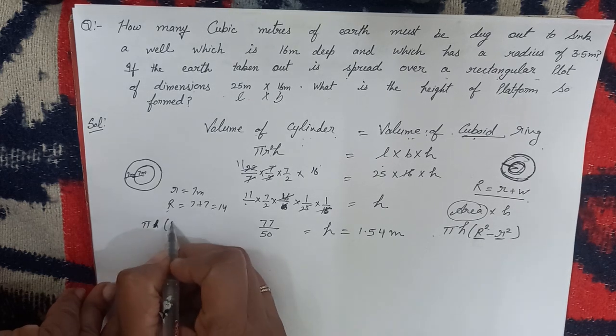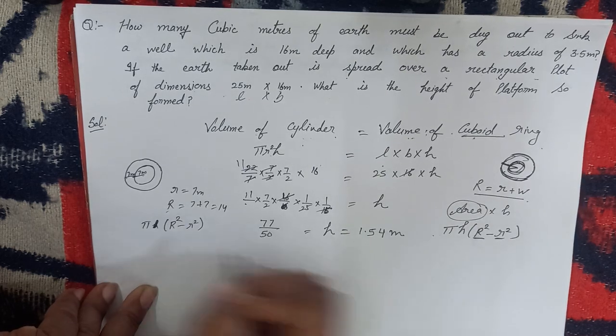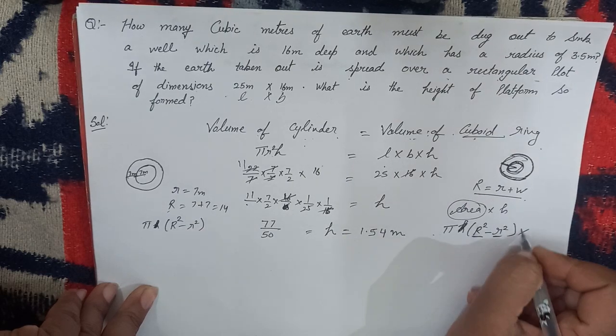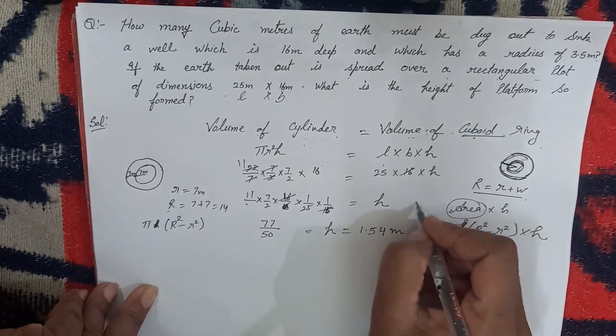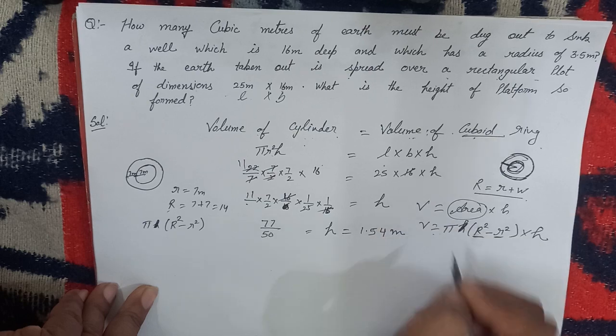We will say pi capital R square minus small r square. Here we will multiply it with h when we write it as a volume.